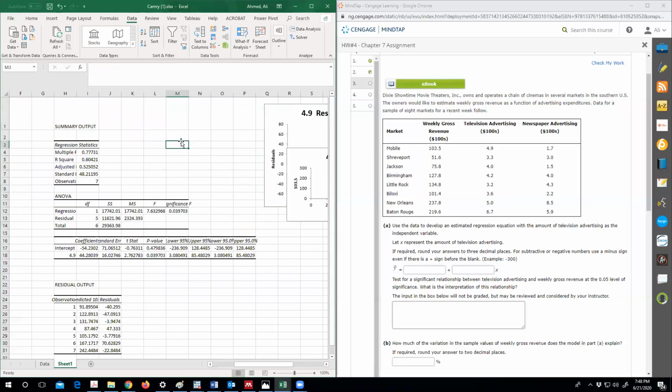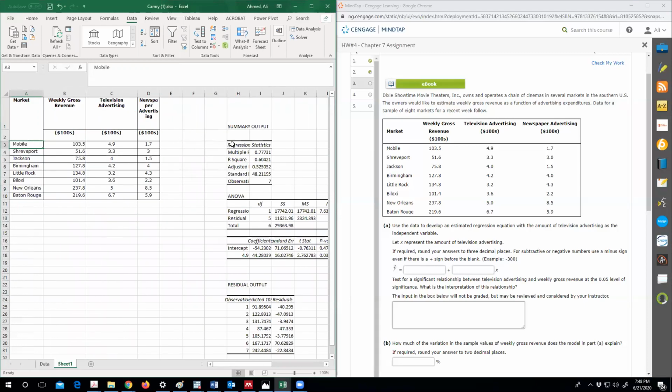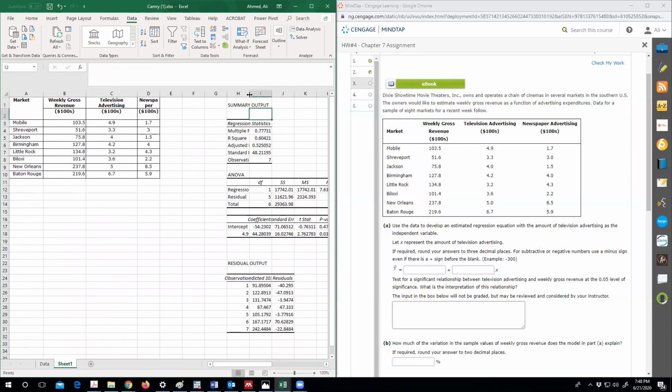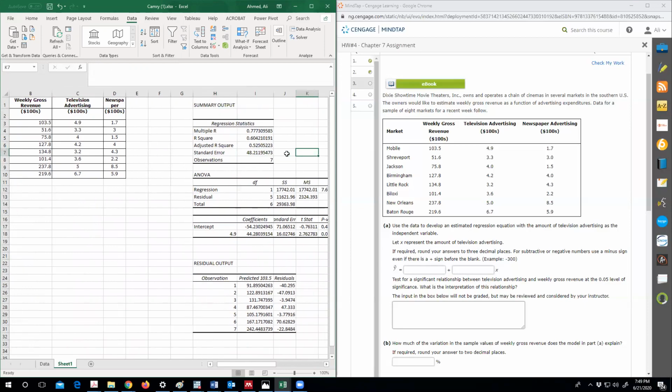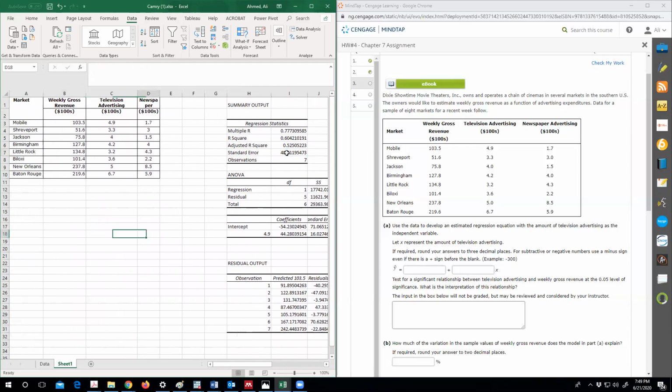I don't know why my computer is giving me a hard time. Okay, so here I have got two coefficients and there is something wrong going on. Instead of the label, I got this. Let's fix it.